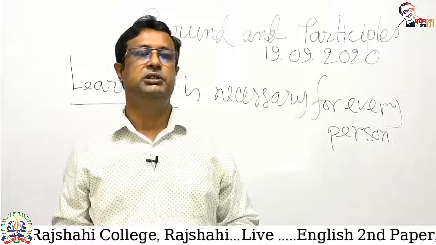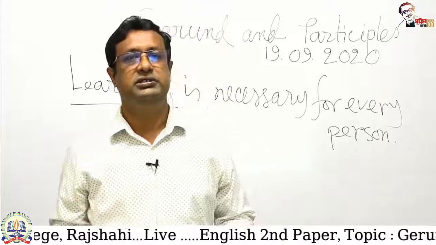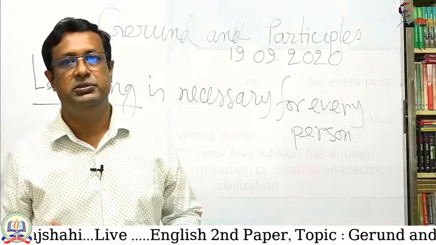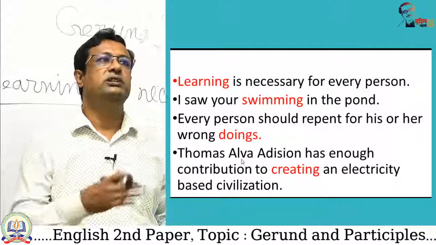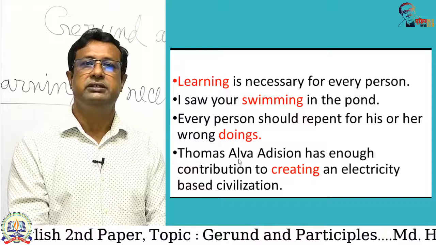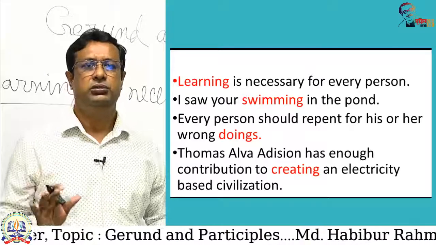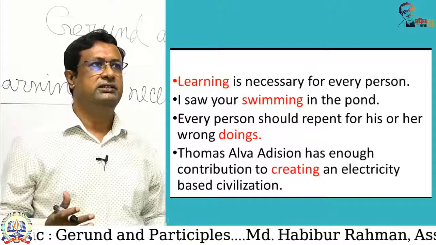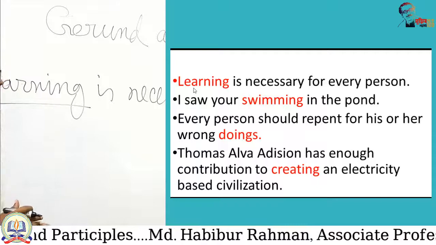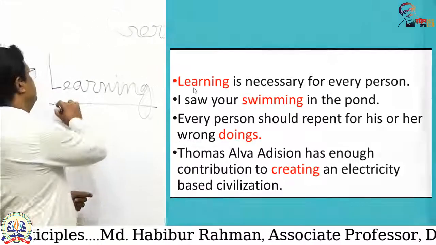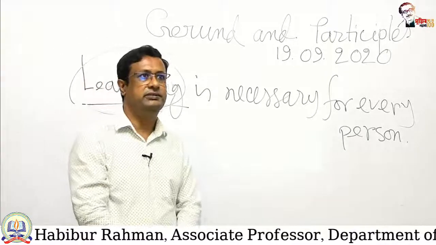But when we want to mention the act of learning, we will use the word learning. So, actually a gerund is an action word. It shows us an action. Learning is necessary for every person. So, learning is the subject of this sentence.